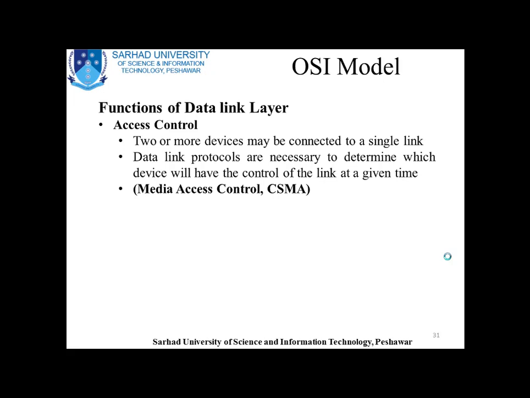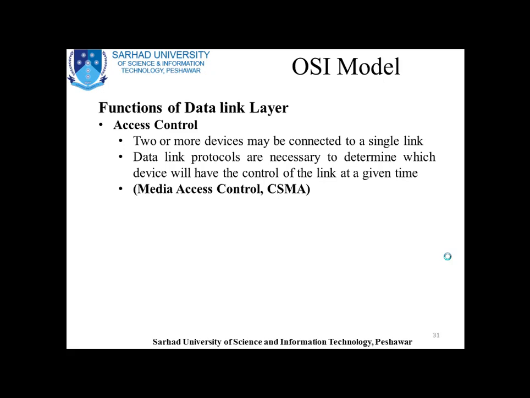The most important function of the data link layer is access control. Basically, the data link layer is divided into two sublayers. One is LLC, that is logical link control, and the other one is MAC, that is medium access control.